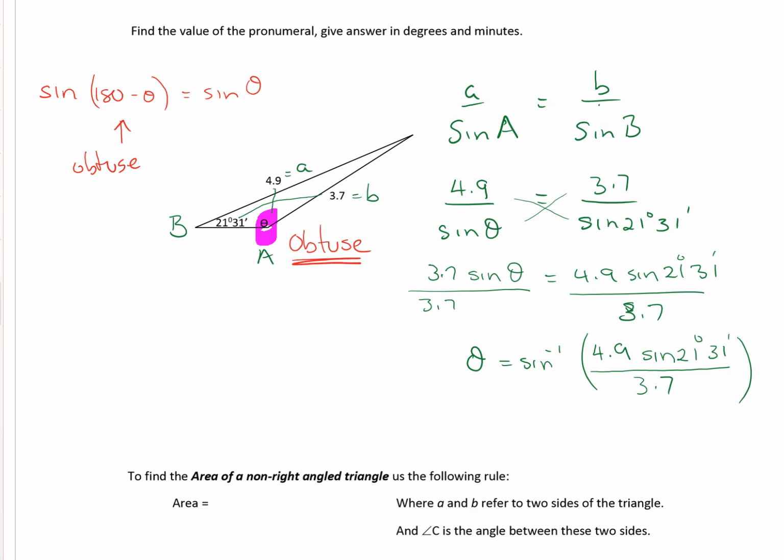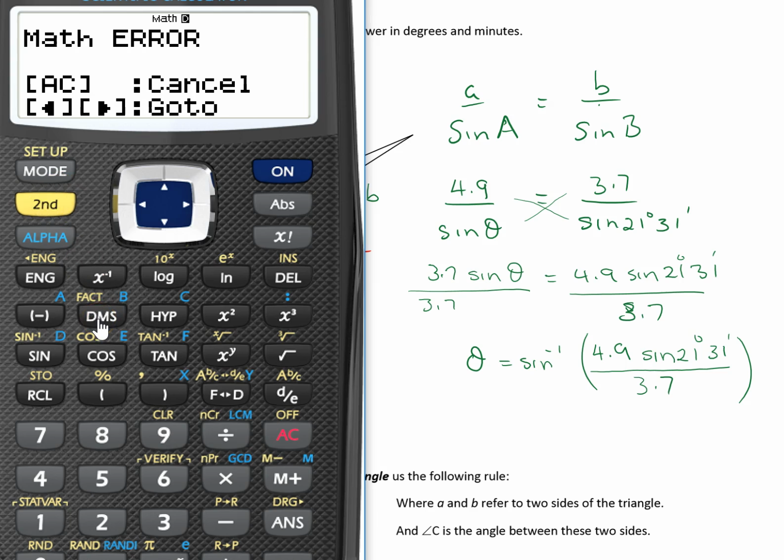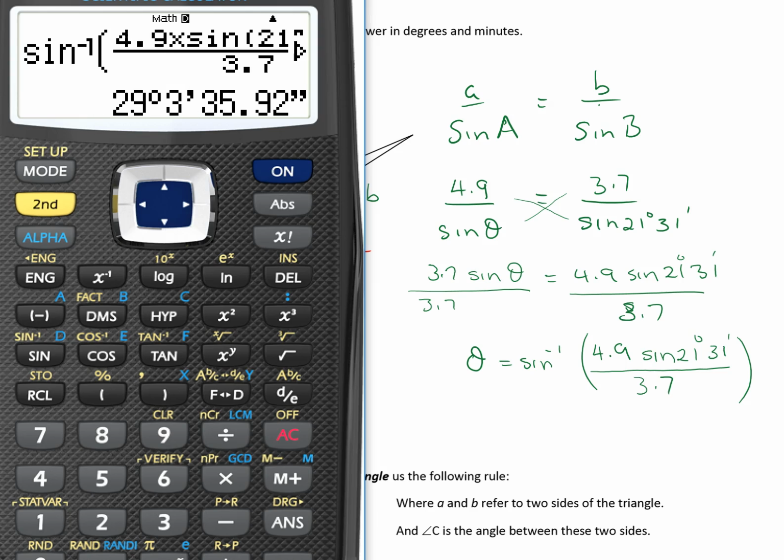So you can see I've put that calculation into the calculator, and the calculator is showing me 29.05. To get the answer in degrees and minutes, we need to press DMS. And we've got 29 degrees, 3 minutes, 35.92 seconds.